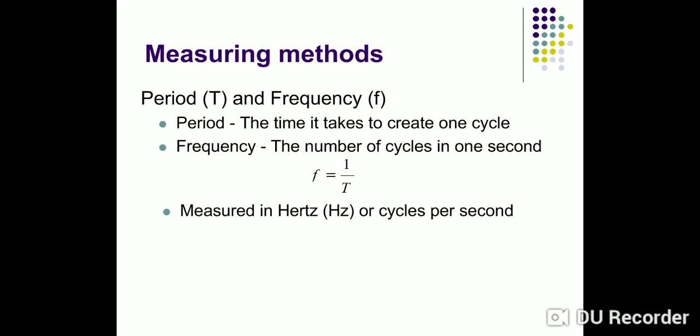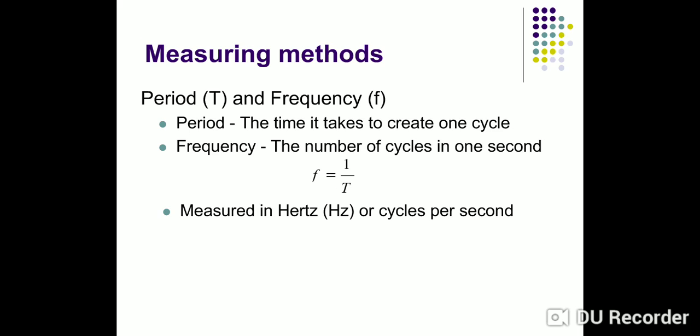Let us see measuring methods. The measuring methods involve period and frequency. We know about period and frequency. The period means the time taken to create one cycle, and frequency means the number of cycles in 1 second.